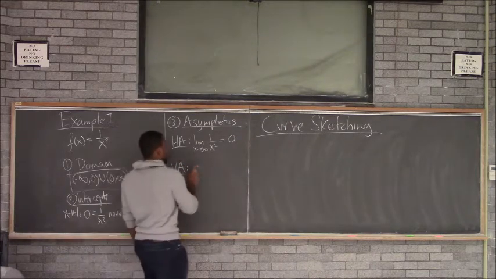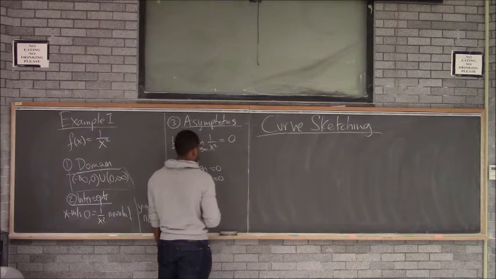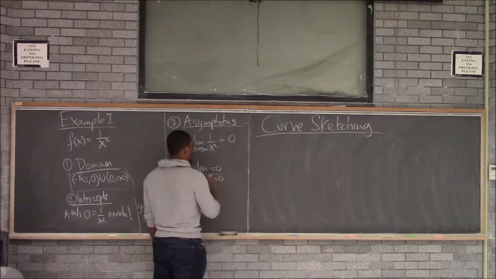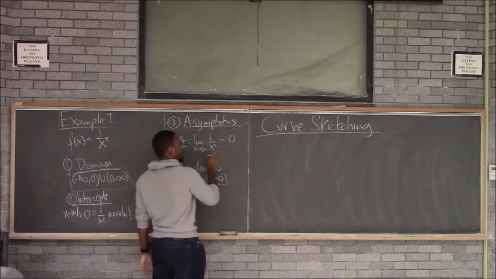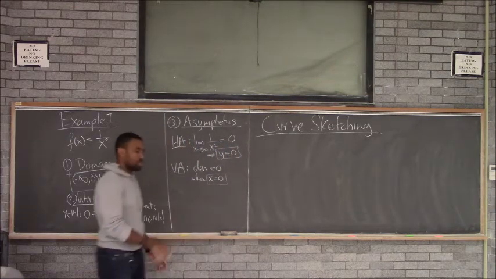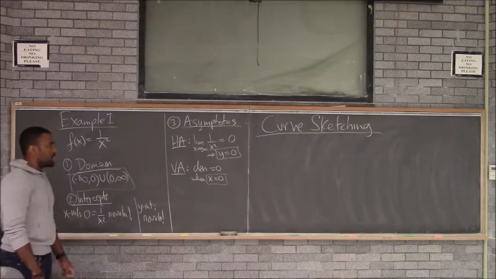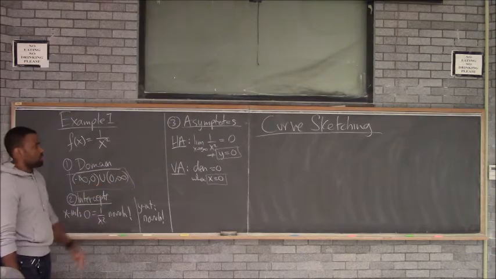Basically, the denominator equals 0 when x equals 0, and nothing cancels it. That is going to be a vertical asymptote. By the way, 0 is a constant, so y equals 0 is a horizontal asymptote. So I know there's a vertical asymptote at x equals 0, there's a horizontal asymptote at y equals 0.